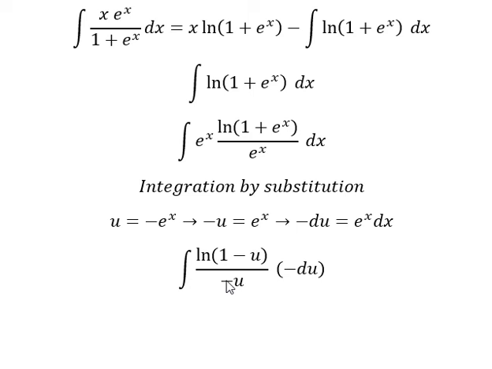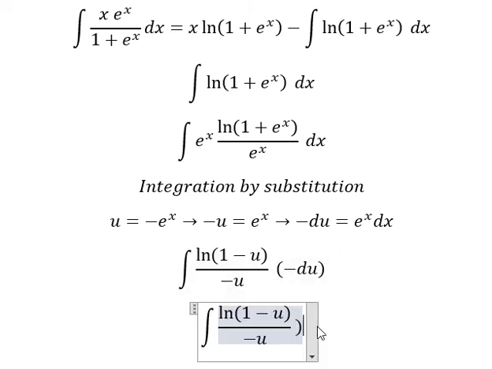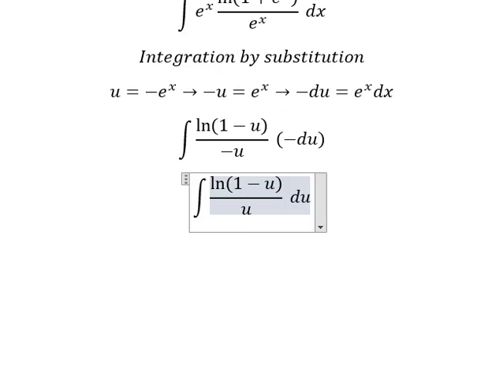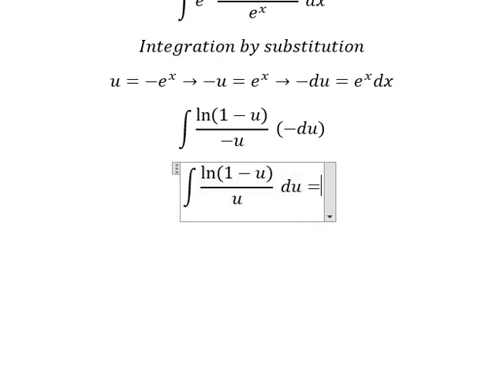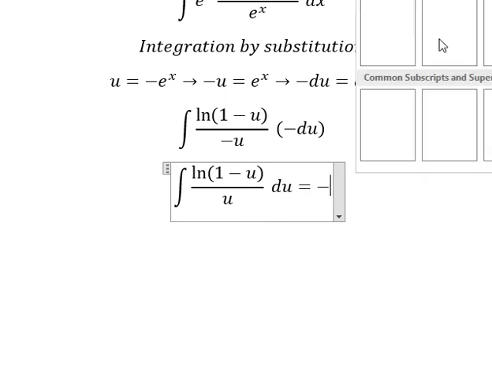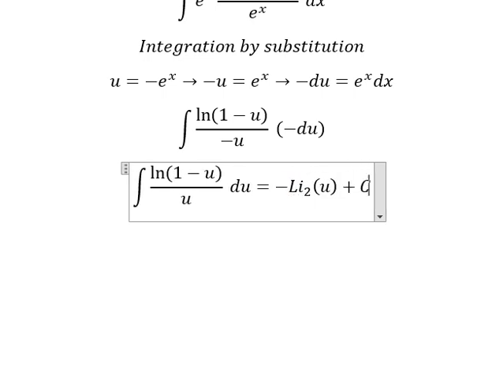So negative with negative, we simplify. The integration of this one, we will have negative ln of the absolute value of 2 plus u, and we put C.